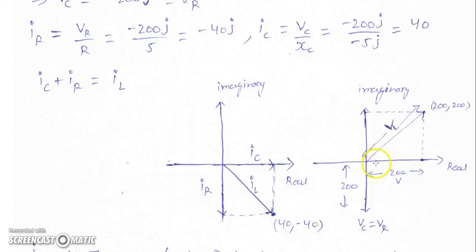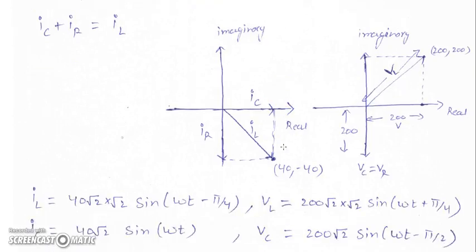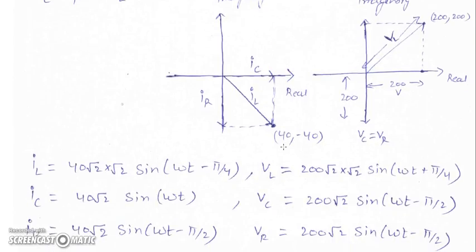Similarly, for VL, VC and VR, the total voltage is this, VL is this, and VC and VR are this. So the resultant of these two vectors, VL and VC or VR, gives us this voltage. Okay, so we can also write their equations as IL.